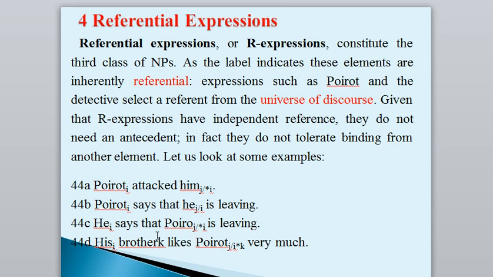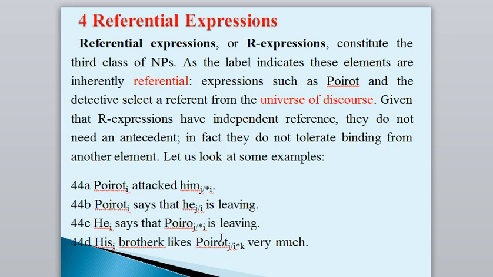The other one: he says that Poirot is living. Poirot is a referential expression, or R-expression, or proper name, so it cannot come back to "he". This should be free. We cannot co-index it with another element in the sentence. Another one: his brother likes Poirot very much.